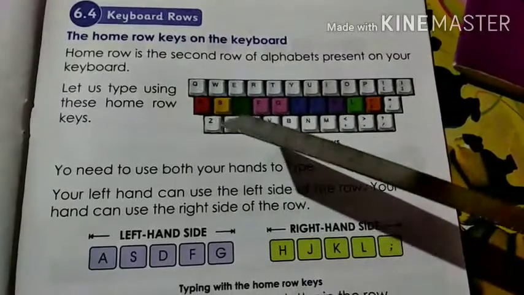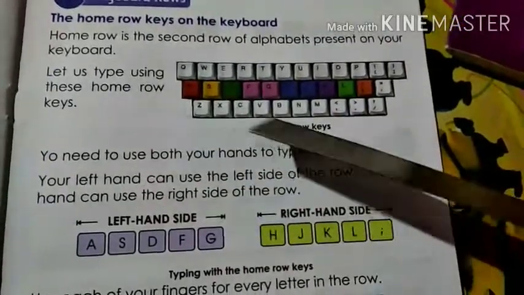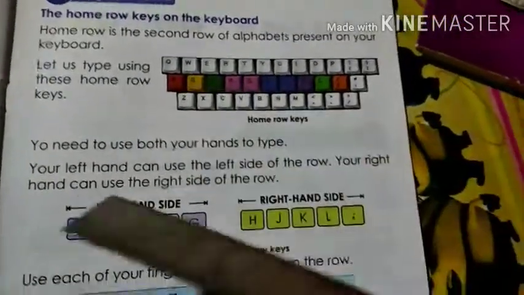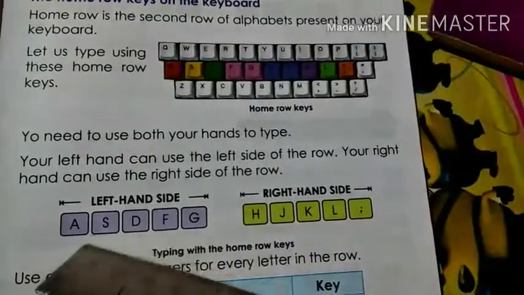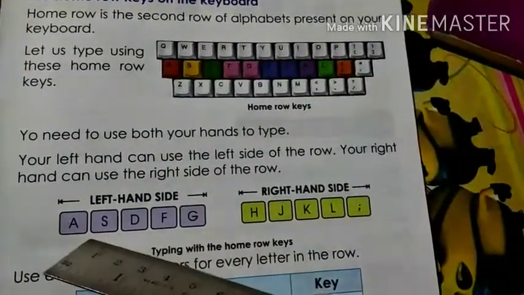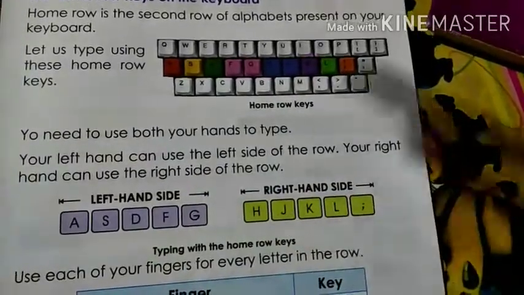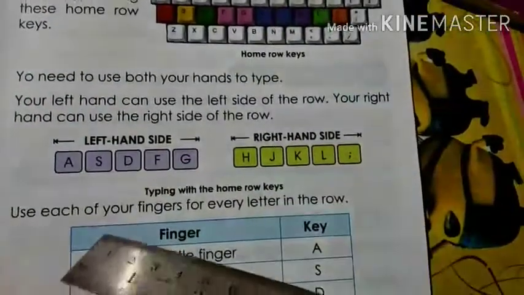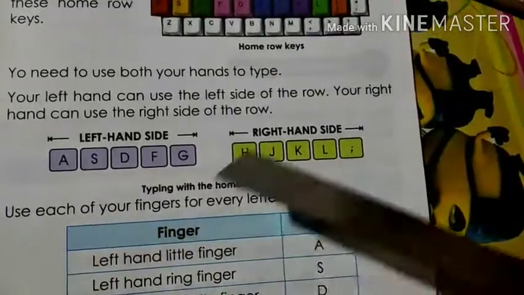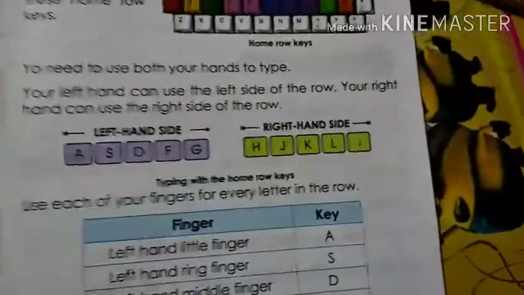Next, now you are going to learn how to use these keys with your hands. First, A, S, D, F, G will use the left hand, and the other keys will be used by the right hand. Use each of your fingers for every letter in the row.